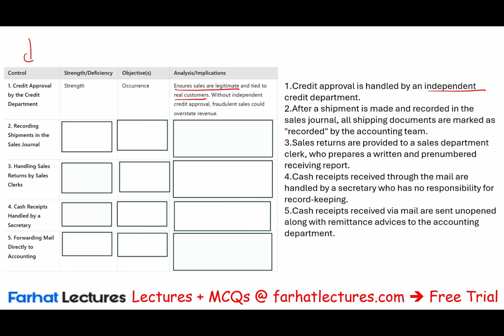Without independent credit approval, anyone can make a sale to a fictitious customer, because you could approve whoever you want, someone on paper that doesn't exist. But when you have this job outsourced to an independent party, and you could even outsource this to a third party, someone outside your company, you would say no sales can be made until this credit checking company approves the credit of that customer, like a financial institution.